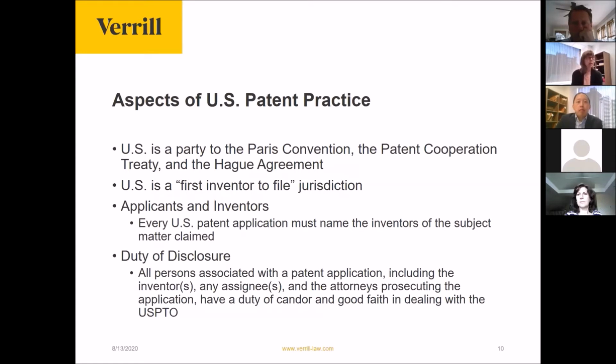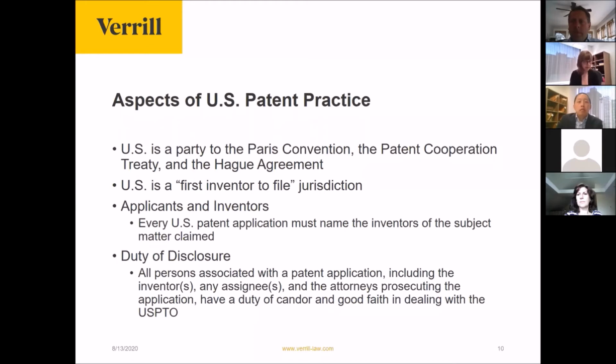It allows the ability to file an international application, and from that you get a search and a written opinion on patentability, and then you can decide where you want to file national applications. The U.S. can be designated as one of those countries. And the Hague Agreement relates to design applications. And so those are things to keep in mind if you are thinking of entering the U.S.